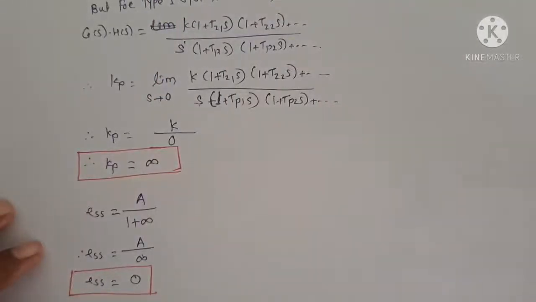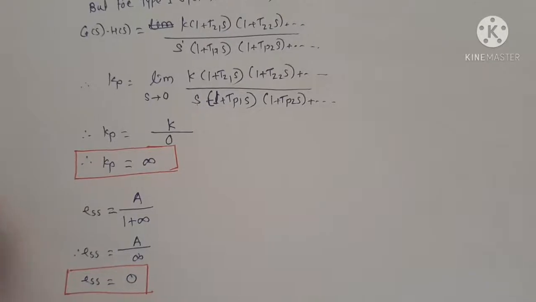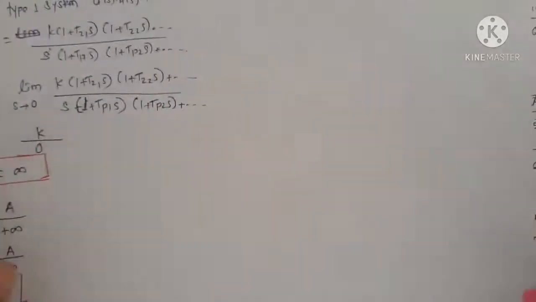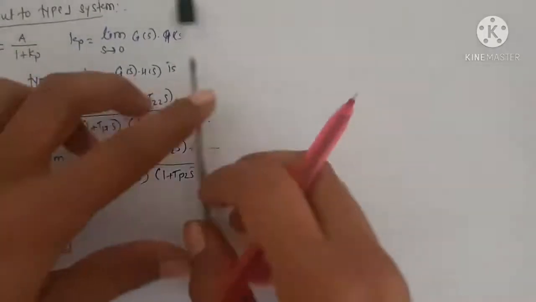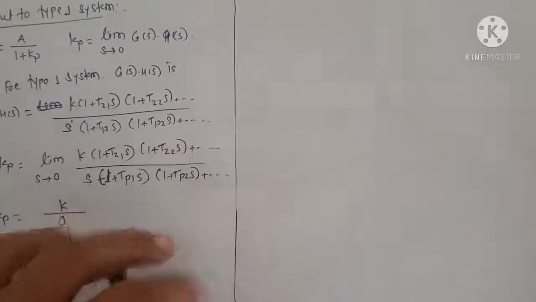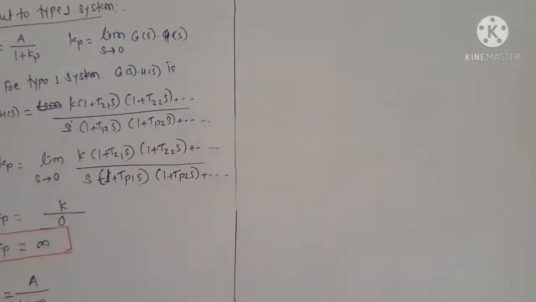Now let's check the next input, that is ramp input. It is very easy to calculate. At last you have to simply remember the ESS value and constant value for various types.